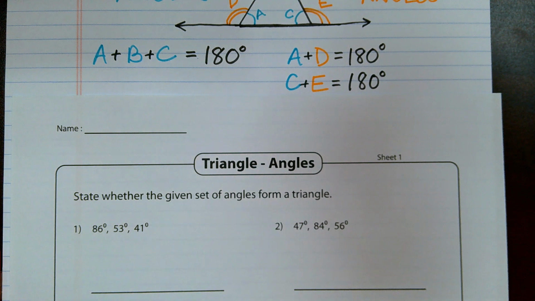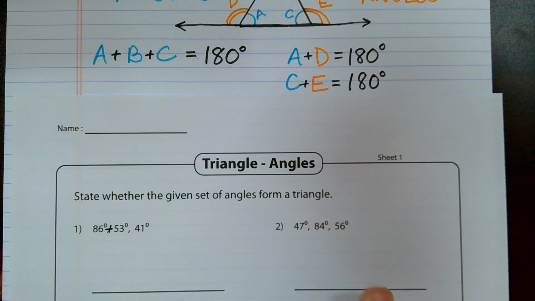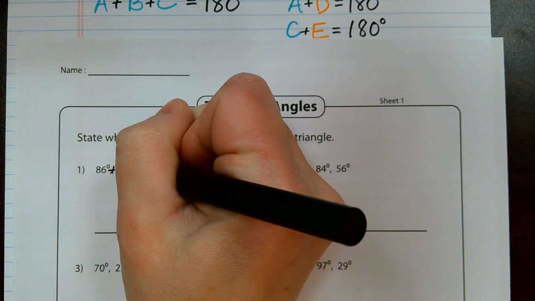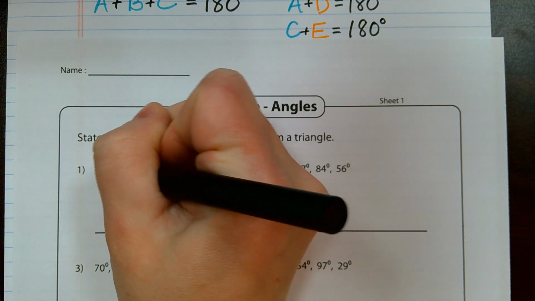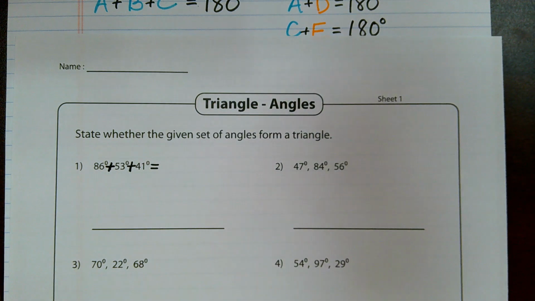Yeah. So if I add 86 degrees plus 53 degrees plus 41 degrees, we'll see what the answer is. So let's see, let's add them. 86 plus 53 plus 41.